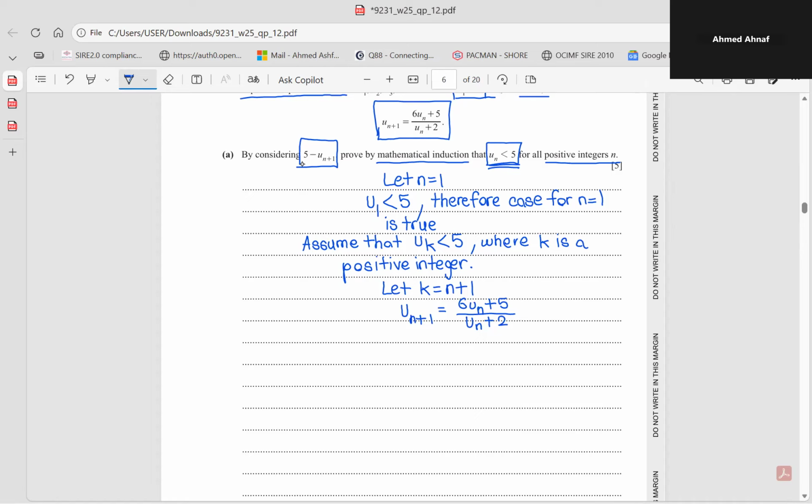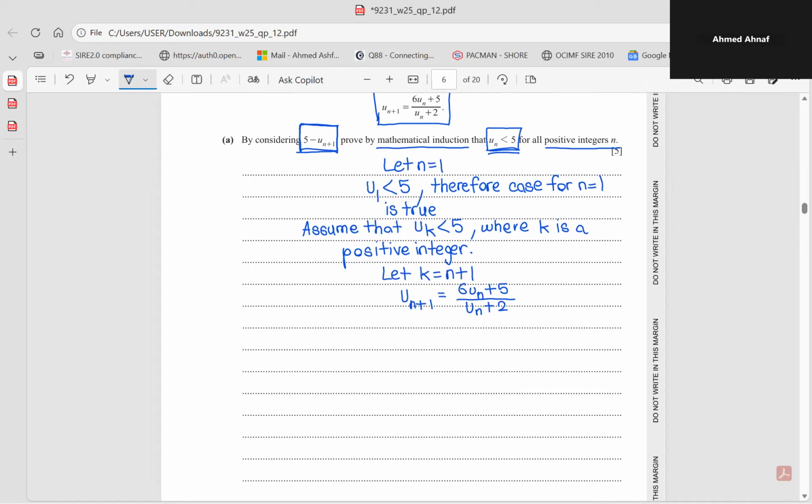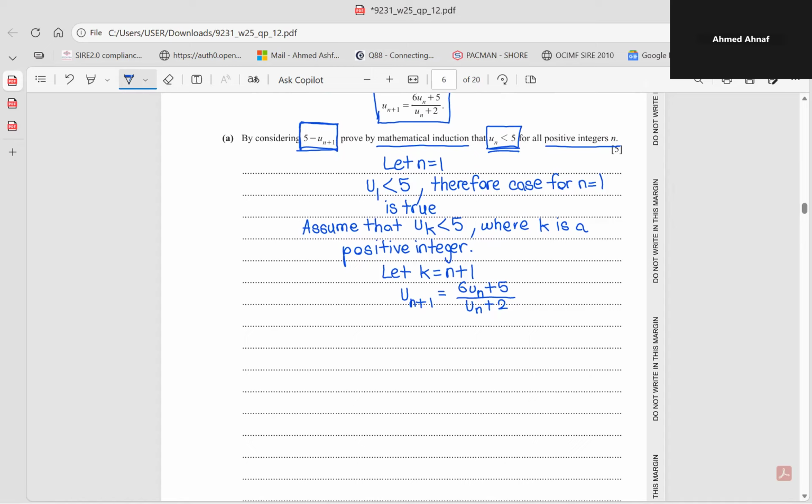And in the question, they told us to consider this. So we're also going to make 5 minus U(n+1). So this is also just going to be 5 minus (6Un plus 5) over (Un plus 2).